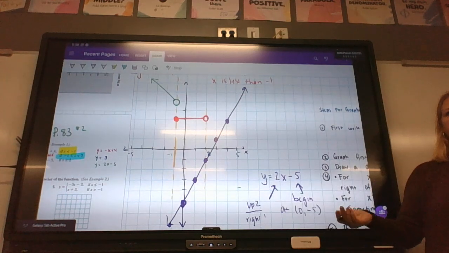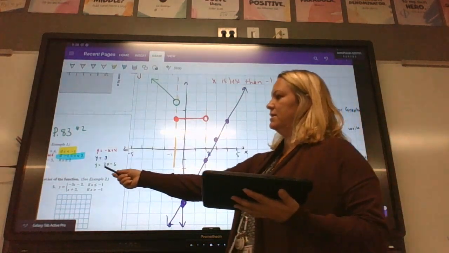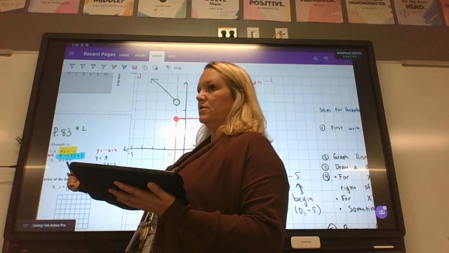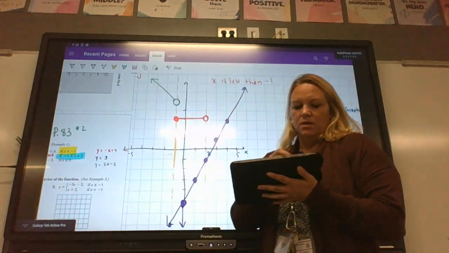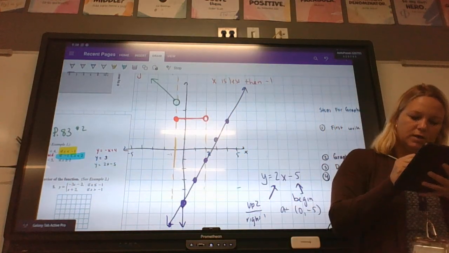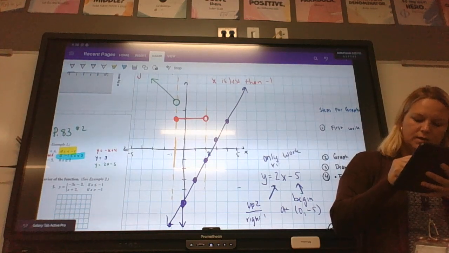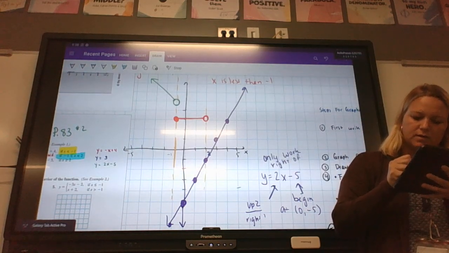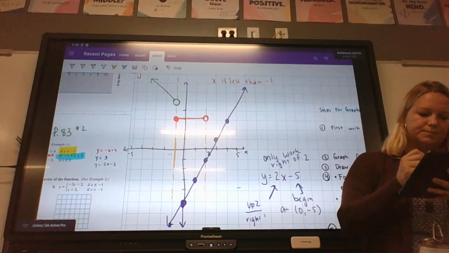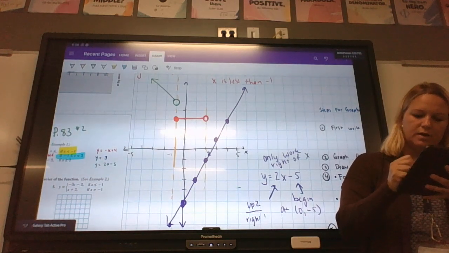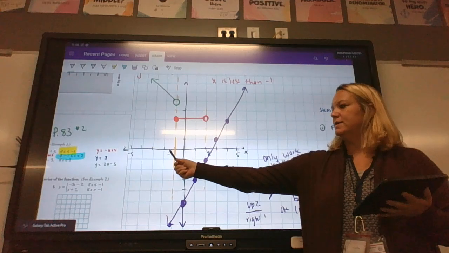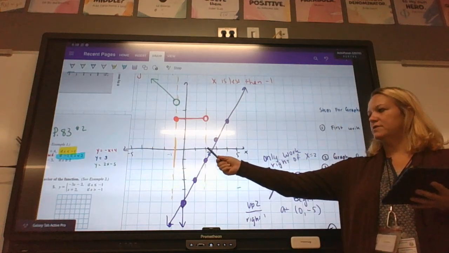And I'll check on the rule for that one. The rule for that one is that x has to be greater than or equal to 2. So this one will only work to the right of x equals 2 because it's greater. So I still have this yellow dashed line for 2.